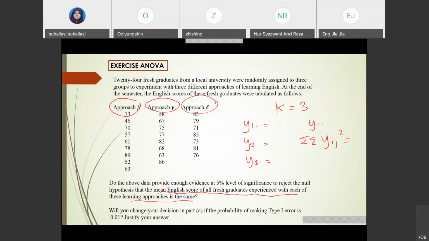Let's say you already computed your Y1 dot, the total for the first treatment. You should get 588. Compare with my answer. The second one, you should get 576. And the third treatment, you should get 548.